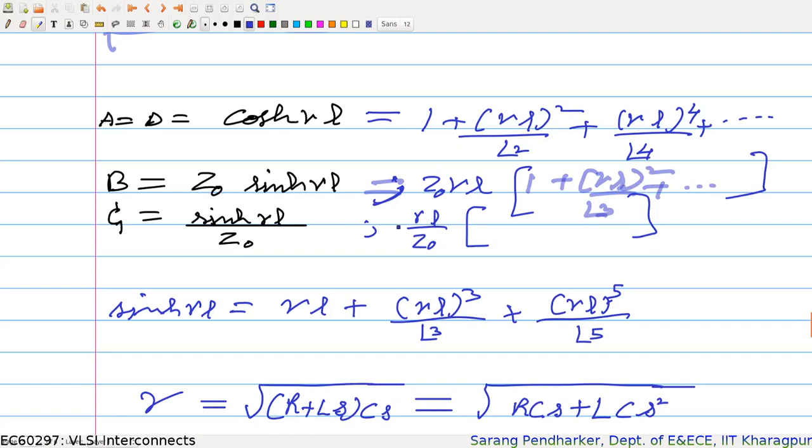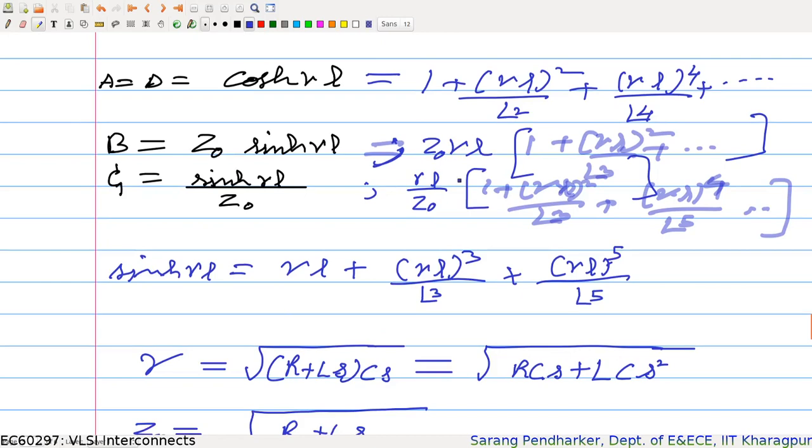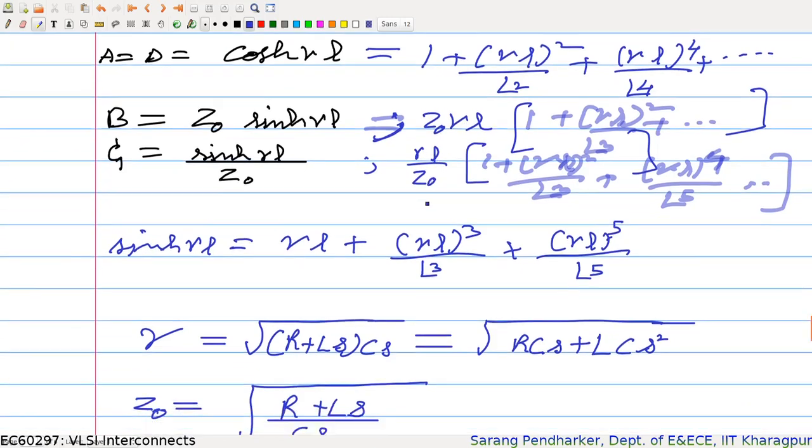Here also you take the gamma L out, so again you have 1 plus gamma L square by factorial 3, and then gamma L to the power 4 by factorial 5 and so on. You can take gamma L out from these terms, and you will have Z naught into gamma L and gamma L divided by Z naught.